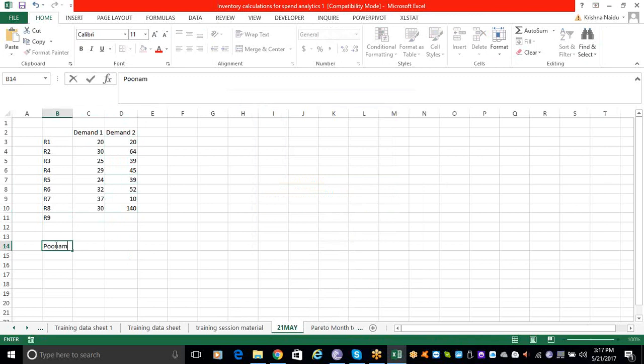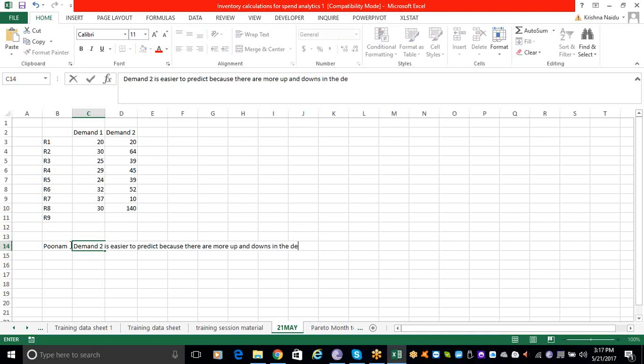So Poonam is saying that demand two is easier to predict because there are more ups and downs in the demand. Prashant, do you have any answer? Prashant, are you there?